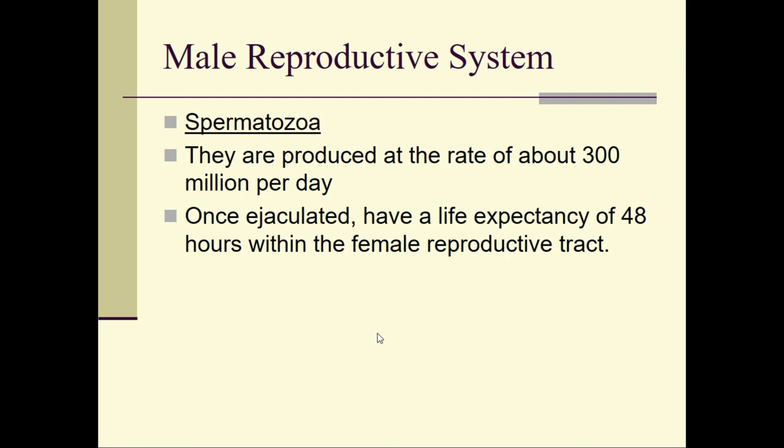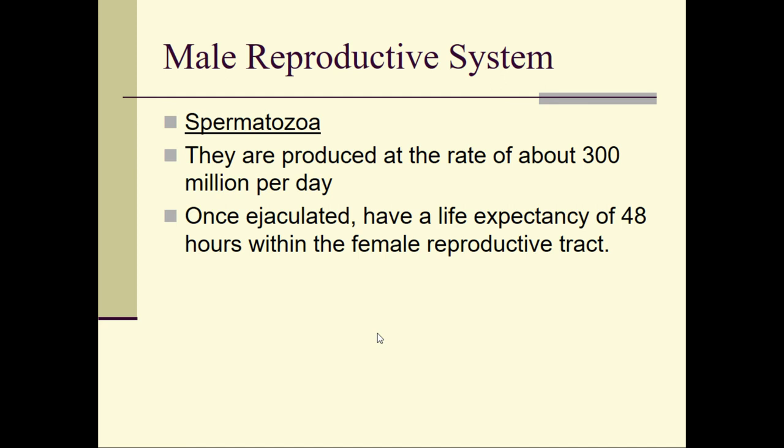So clearly, sperm cells are very cheap and easy to make because they can be replaced in really not that long of a time. So just to me, that's an amazing biological fact right there. 300 million per day. There's a little over 300 million people in the United States of America, and that just gives it a little perspective.